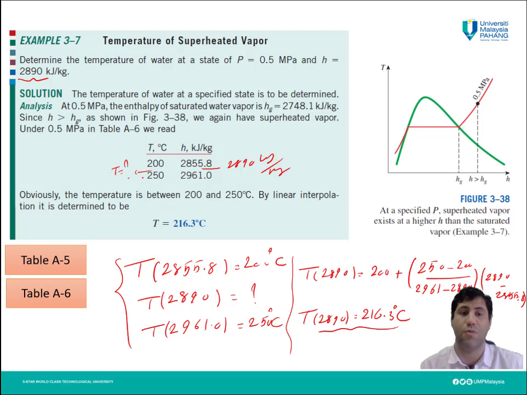Then by interpolation, we found the temperature for the enthalpy we have in this example. Simply, you can see how we can use interpolation to find properties which may not be mentioned directly in the thermodynamic properties tables.